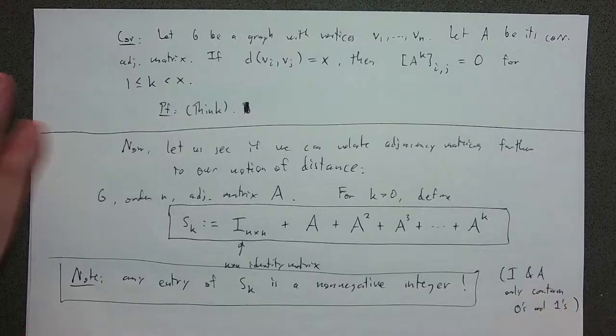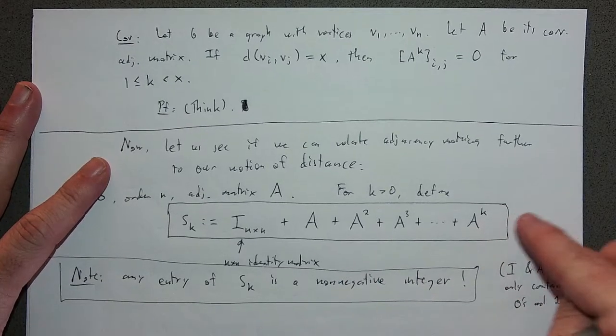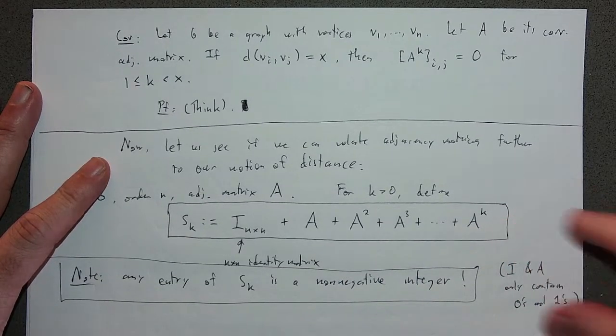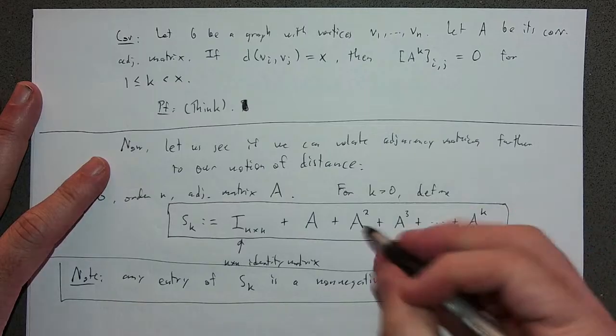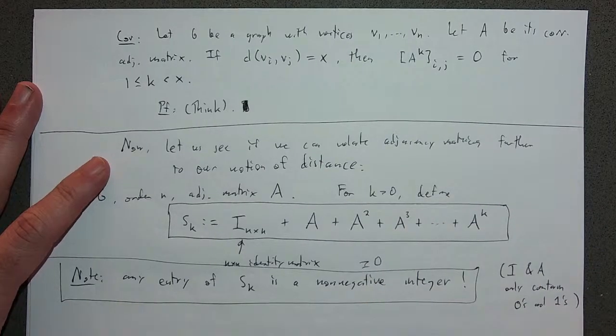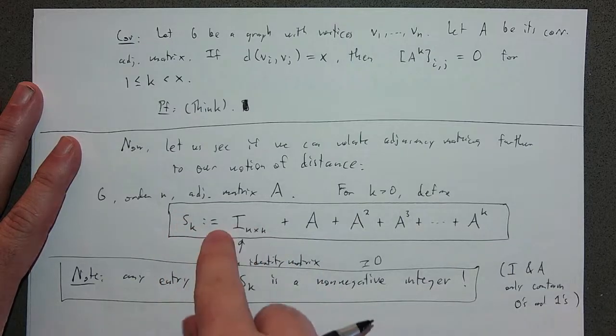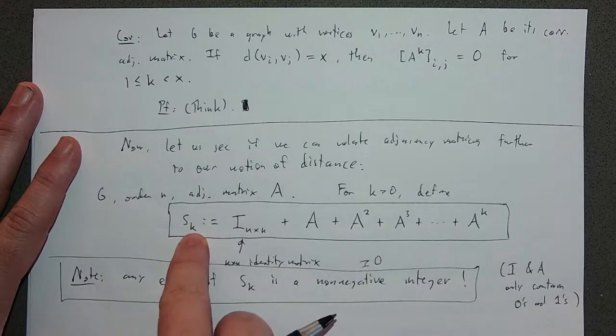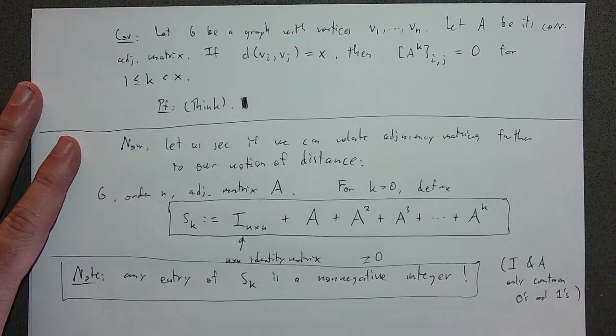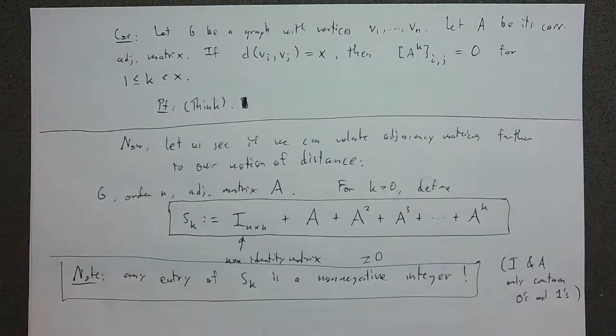But because these are non-negative entries, each subsequent term I'm adding is just adding more non-negative integers, so each successive matrix sum has entries greater than or equal to all of the corresponding entries in the previous one.